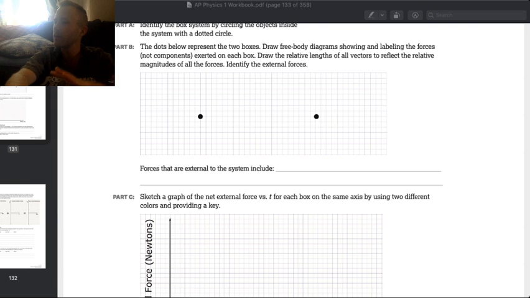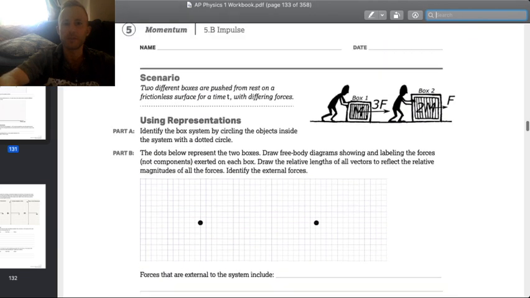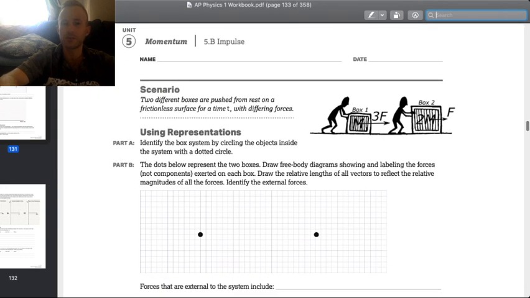All right, so we're moving on to momentum today, reviewing some momentum. And so I'm going to be doing some workbook problems from the momentum section of the workbook. So we have a scenario. 2 different boxes are pushed from rest on a frictionless surface for a time t with differing forces.